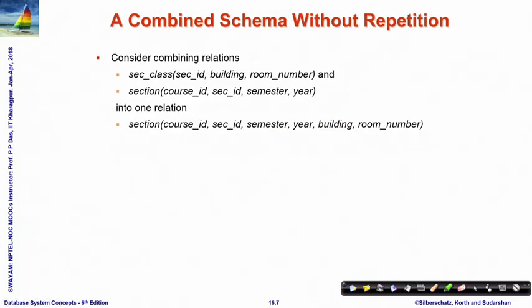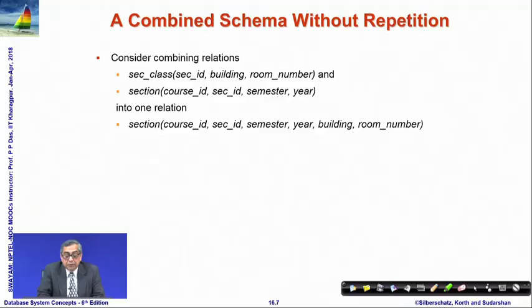Let us say we look into another combination of schema. Suppose section is a relation which has the sections of a course which give the section ID, semester, year, and say section class is another relation which tells me for a section ID what is the building and room number where it is located.